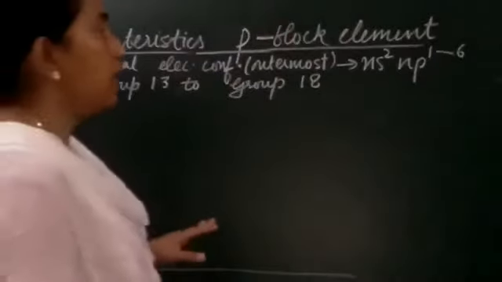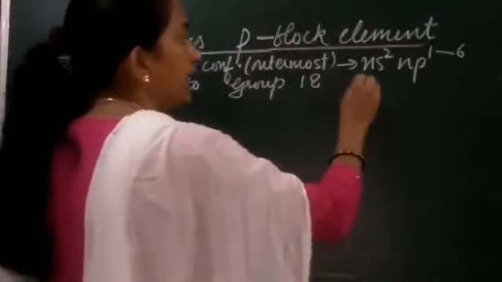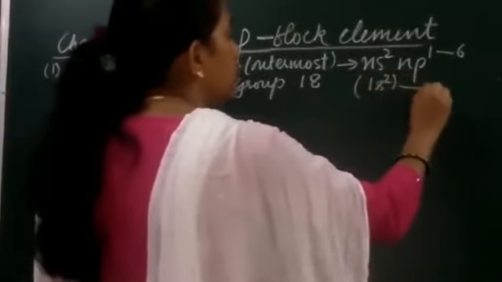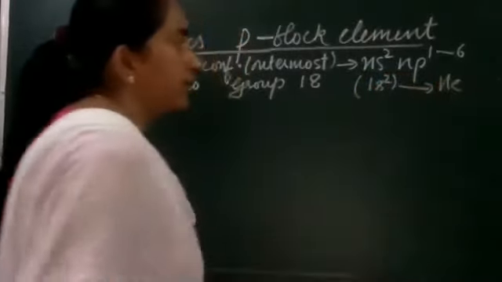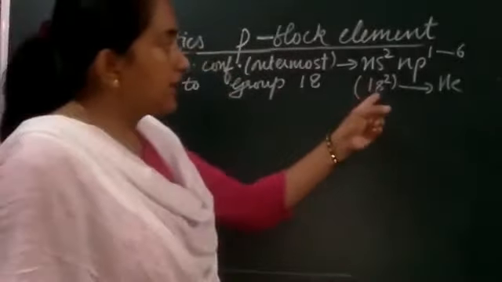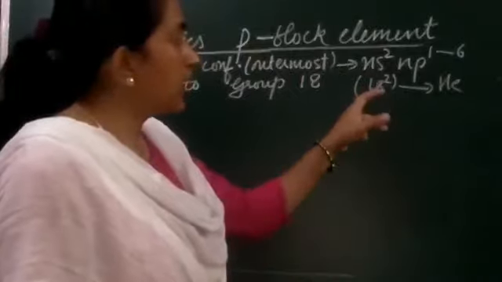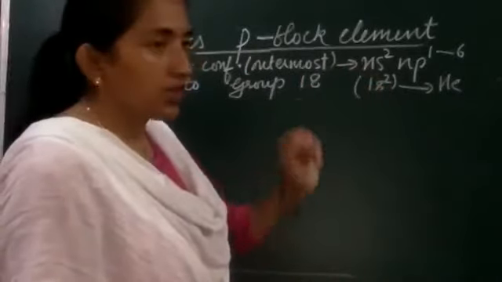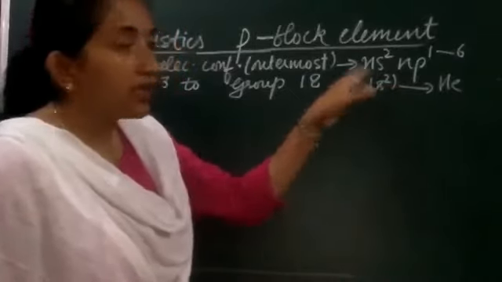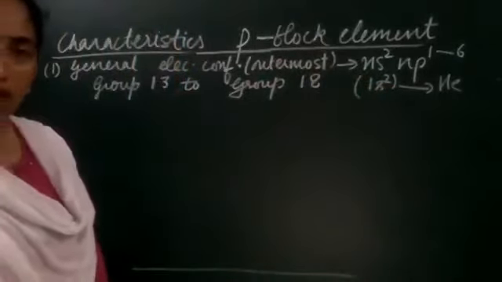Now let me mention here one thing, that in group 18 the first member is 1s2. Now this is which element, student? This is helium, right? Now you can see that it has got the s subshell completed. It has got the last electron entered in the s subshell. So why it has been placed in the P block? It should be present in the S block element, right?